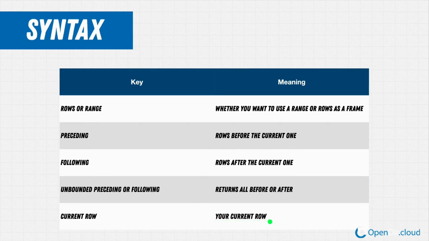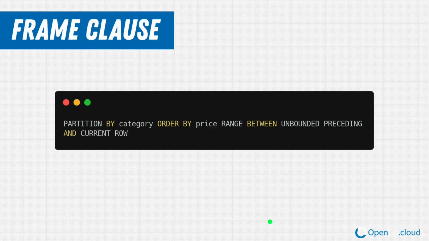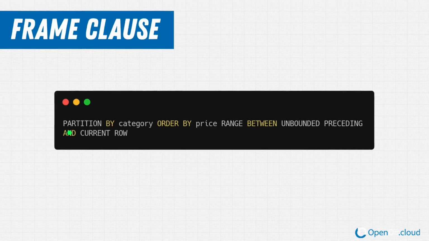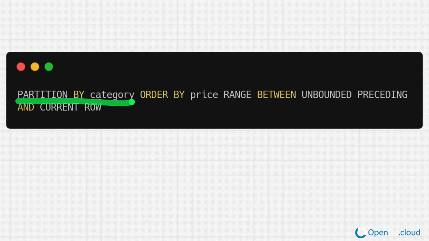And when we throw that all together, we can say, create a partition by the category. So group all of my categories together. Then order it by price. And take that range of data that I just gave you, and look at everything that came before and the current row.